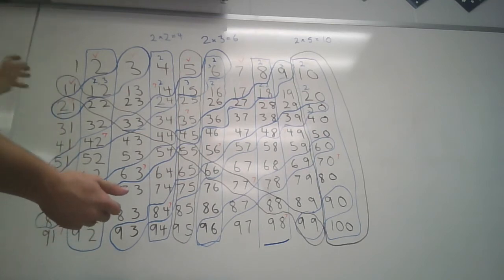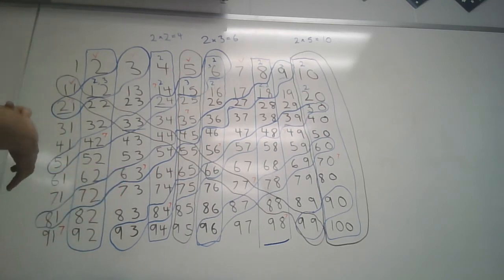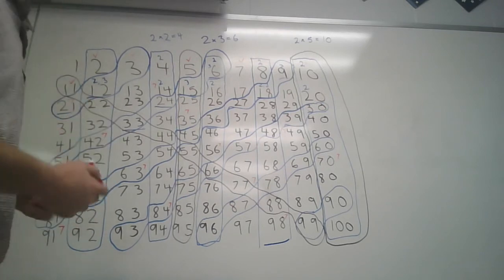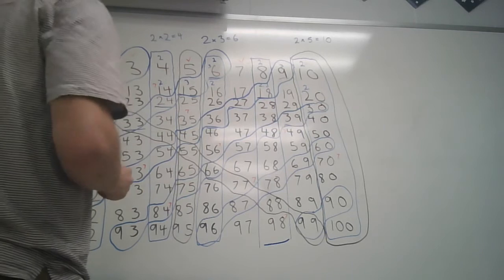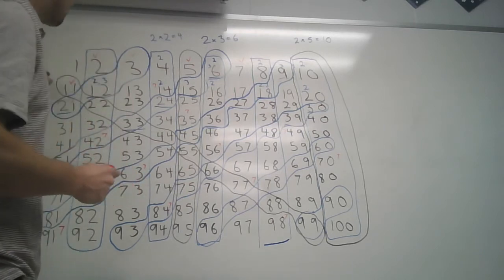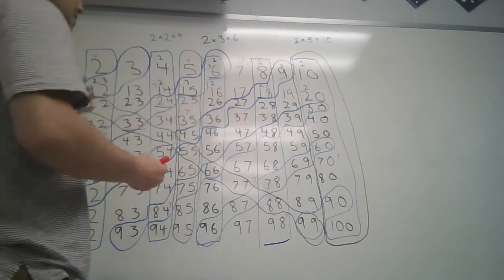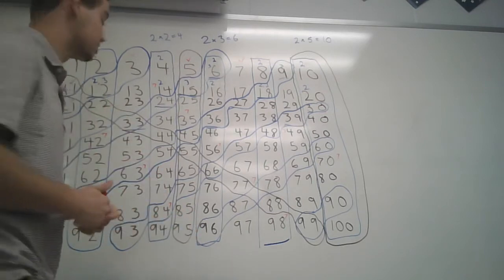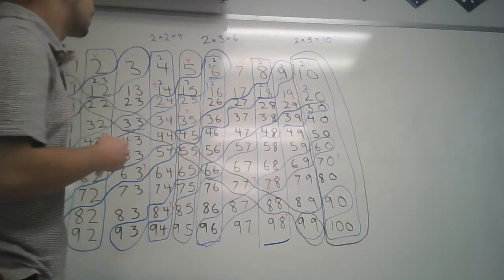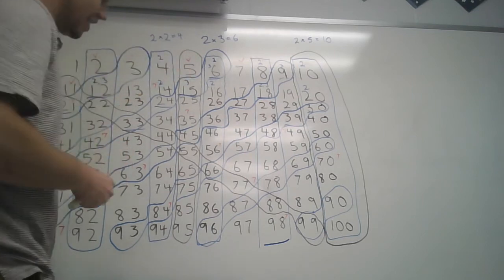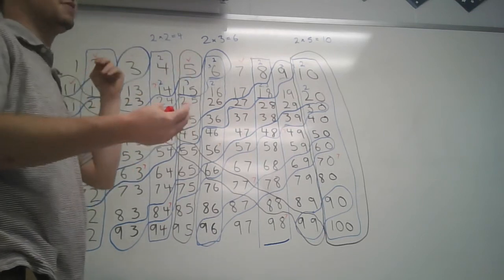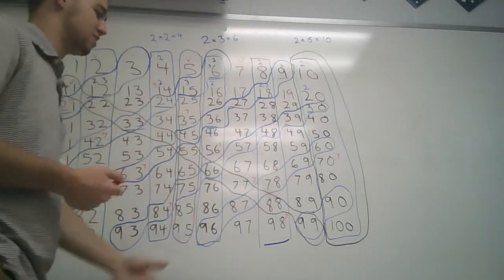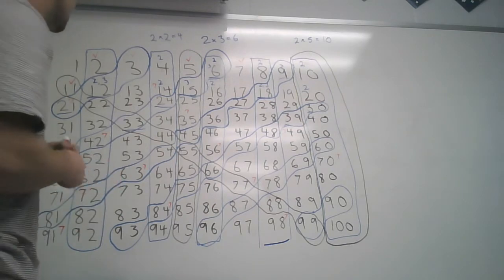Now, everything else on this list is prime. Everything not in one of these boxes and not marked with a 7 is a prime number, because everything less than 100 is either a prime, meaning it has none of these factors, or one of the primes smaller than 11 has to divide it. When you get to a prime large enough that you have to multiply it by itself and you can't stay smaller than the biggest number on our list, then everything else has to be prime as well.